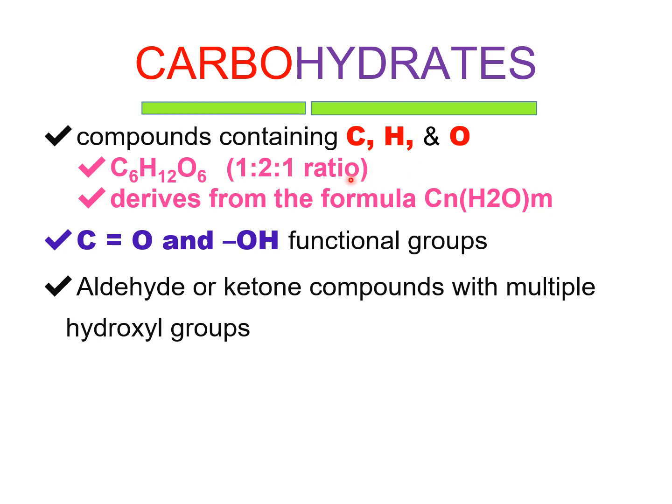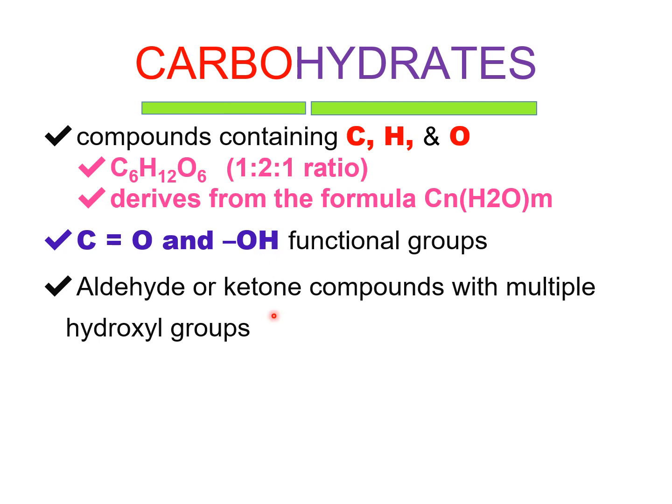Now, glucose is the most important carbohydrate in the body, and it is considered as monosaccharide. And in this case, glucose has this general empirical formula or chemical formula of C6H12O6. Carbohydrates have two functional groups, which are the carbonyl group, from which the carbon is double bonded to oxygen, and another functional group, which is the hydroxyl group.